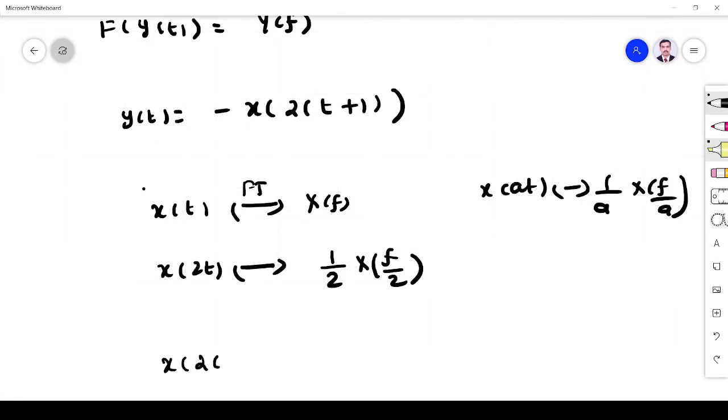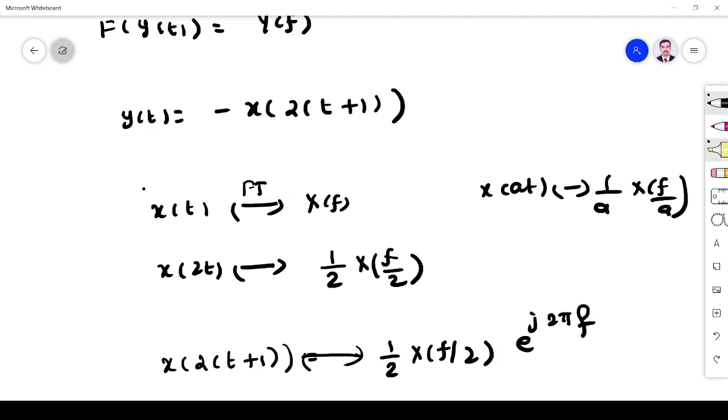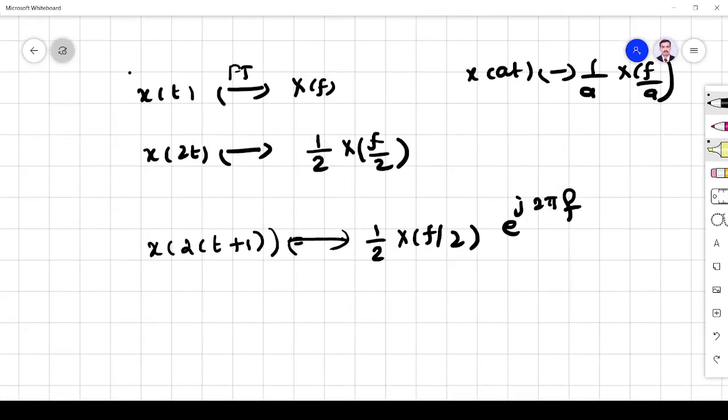So the Fourier transform of x of 2t plus 1 is 1 by 2 x of f by 2 e power j2πf. What is the reason?